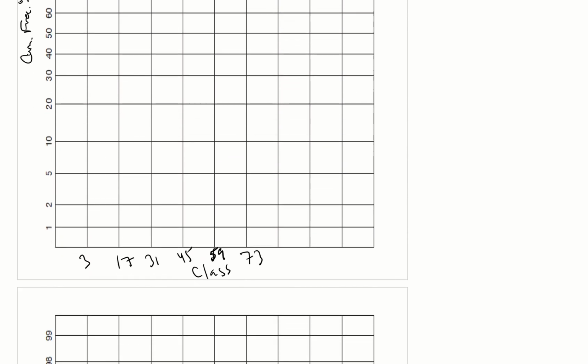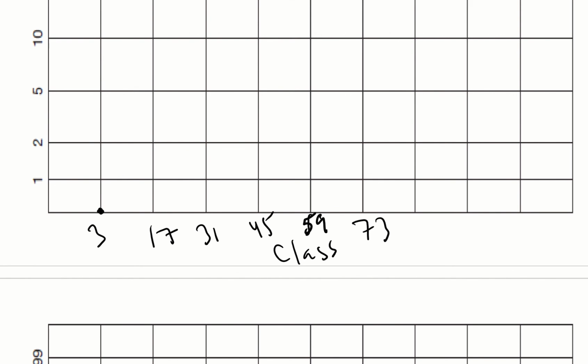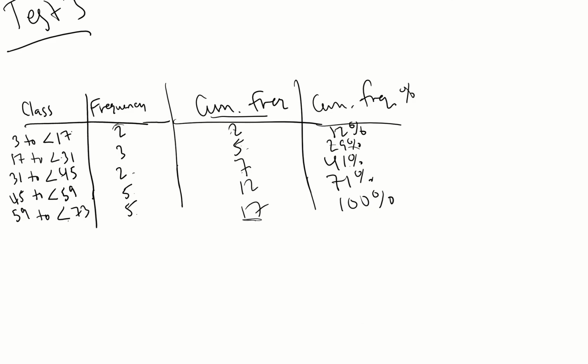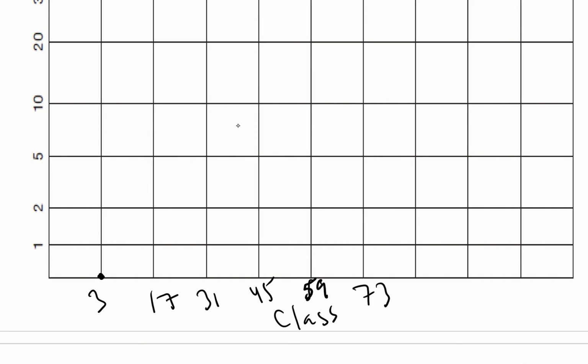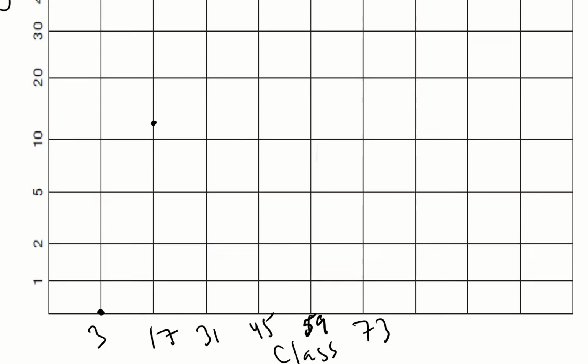All right, so for the first one, remember we start at 0, and for the second one we use our cumulative percent, which, if you go back earlier, was 12%. So we're going to go to 12%. And then 41, so we get a big jump to 41% right here. And then the next one is 71%. And then the last one goes to 100%.